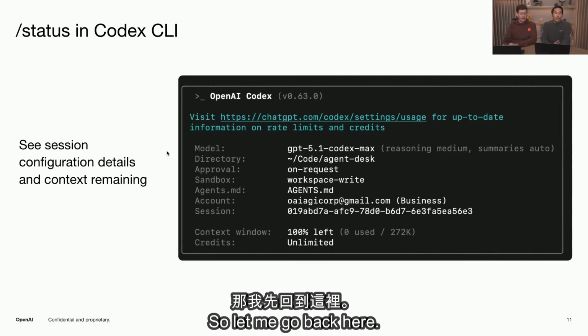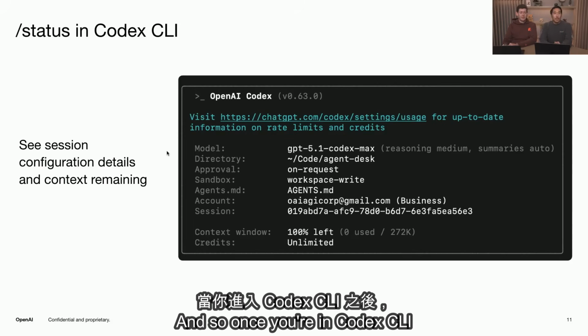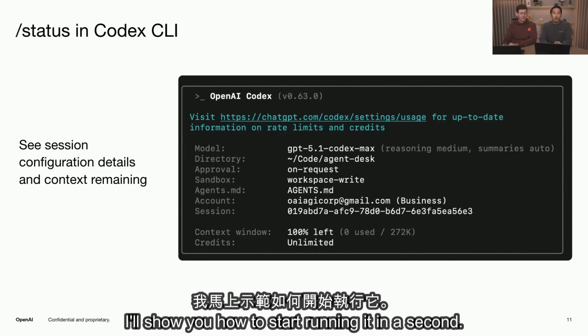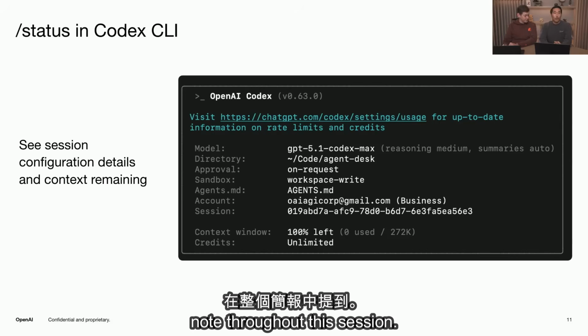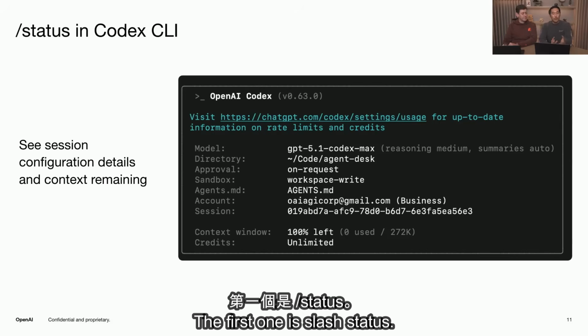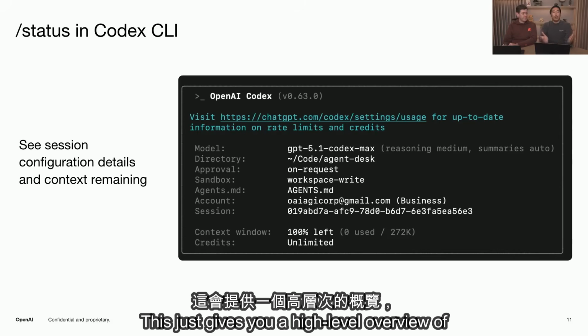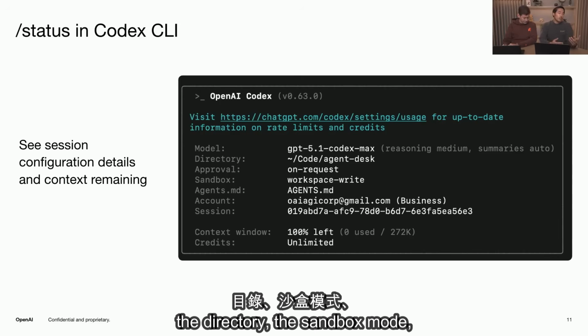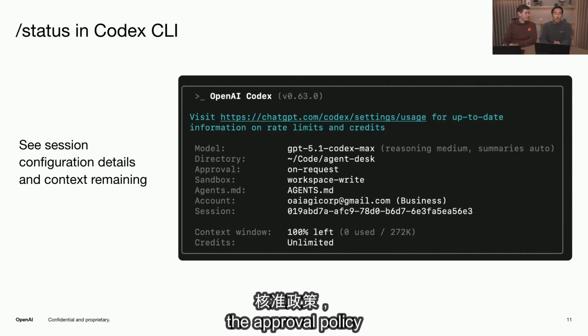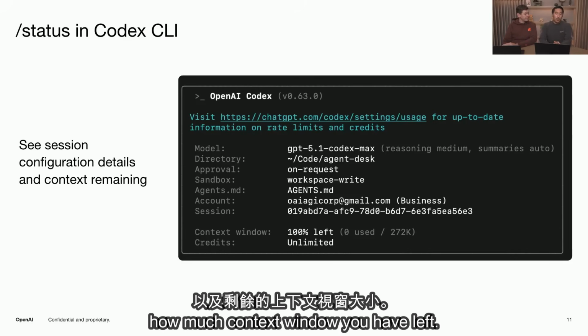So let me go back here. Once you're in Codex CLI, I'll show you how to start running it in a second. You'll see that there's a couple slash commands that I'll note throughout this session. The first one is /status. This just gives you a high-level overview of the model that you're using, the directory, the sandbox mode, the approval policy, and how much context window you have left.